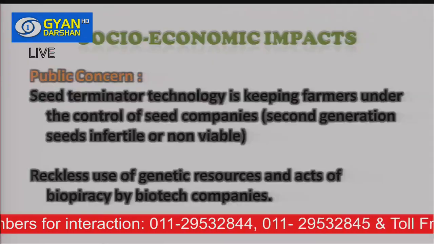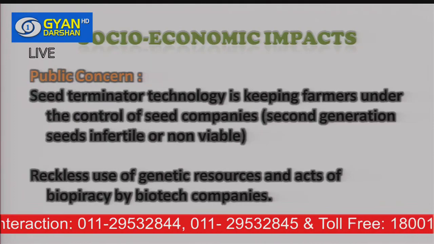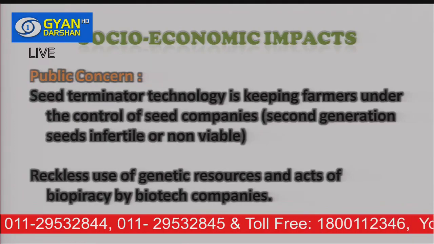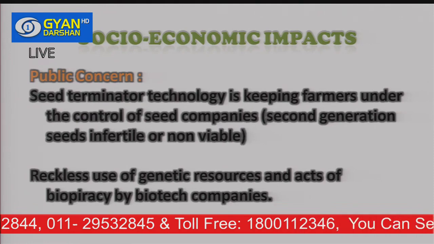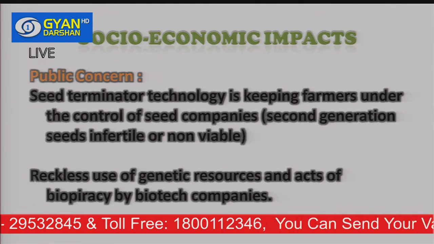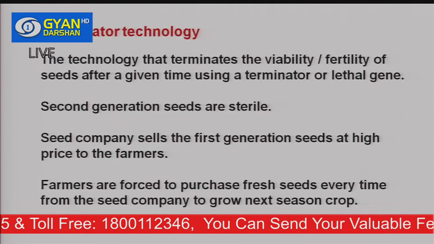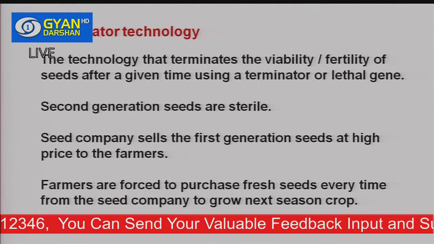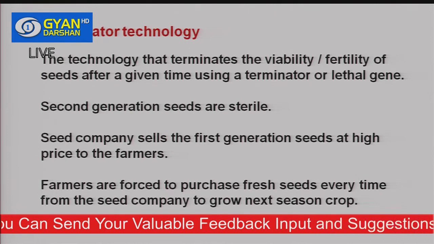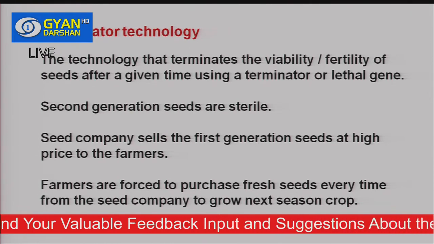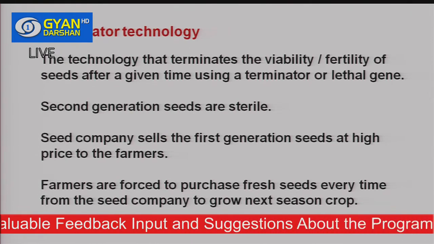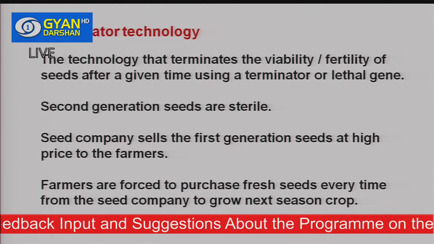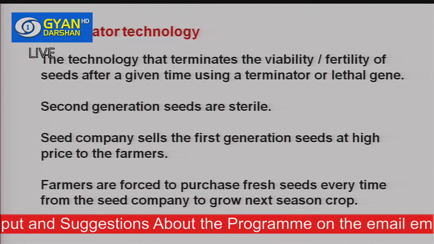Now, on the socio-economic impact, a technology came in early 2000, which is known as seed terminator technology, which of course is a matter of huge dispute. Because what is this terminator technology? There were some multinational companies who created transgenic plants in such a way that the plant will only produce fertile seeds for only one generation.